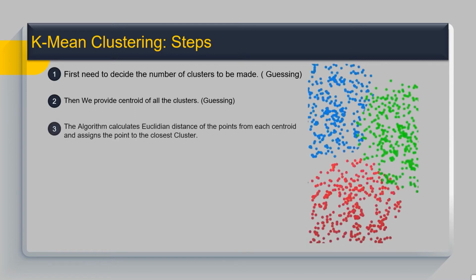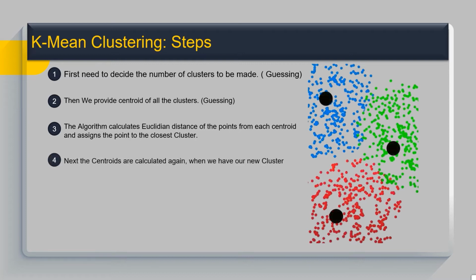After that, we provide the centroids for all the clusters, which are guesses, and the algorithm calculates the Euclidean distance from each point to each centroid and assigns the data points to the closest cluster. Now the Euclidean distance, all of you know, is the square root of the sum of squared differences.